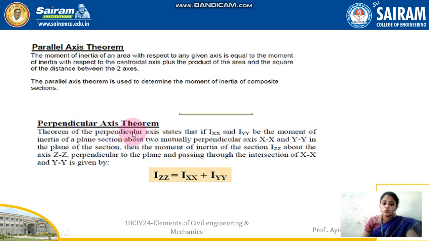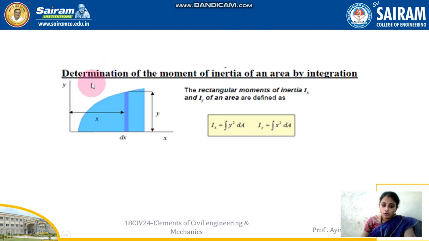The perpendicular axis theorem says Izz, about the axis perpendicular to the two mutually perpendicular axes, is equal to the summation of Ixx plus Iyy. We can calculate the moment of inertia using the formula Ixx is equal to integration of y square dA, and Iyy is equal to integration of x square dA.